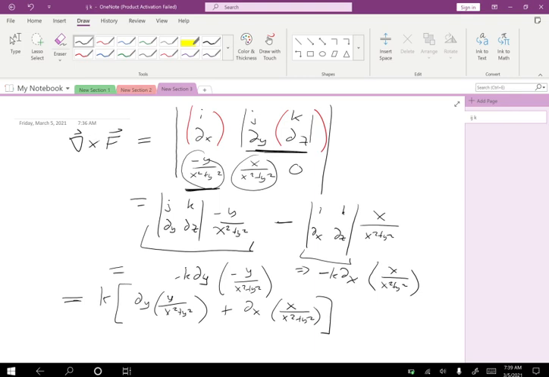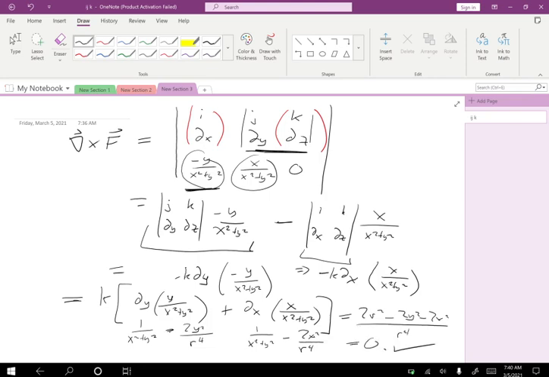Okay, if we do the partial derivatives, we'll just use the quotient rule as usual. So we'll get a 1, and we'll get a minus 2y squared divided by, I'm going to abbreviate this as r to the 4th. And we'll get something similar on this side. Now if we group, we'll get something like 2r squared minus 2y squared minus 2x squared divided by something.